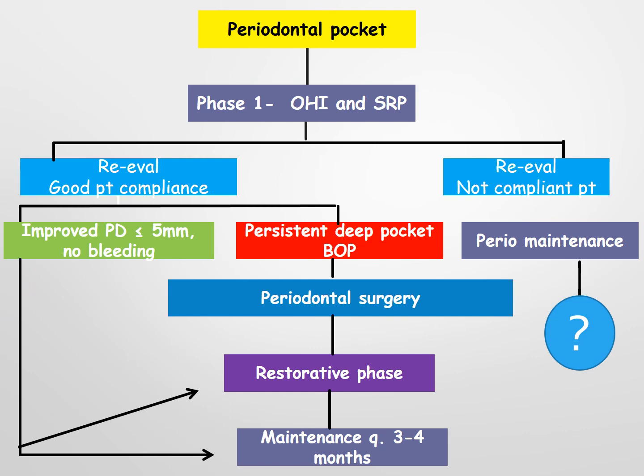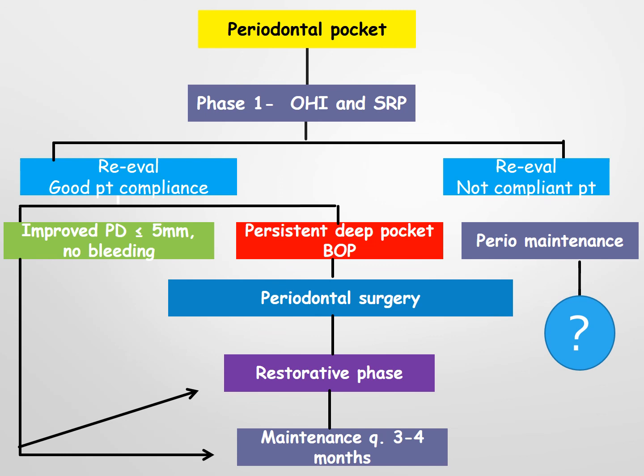This chart was included just to give you, again, a further breakdown that actually includes the surgical phase as well as the restorative phase. So as far as you having a periodontal pocket and you diagnose periodontitis, you start with your phase 1 OHI and scaling and root planing.